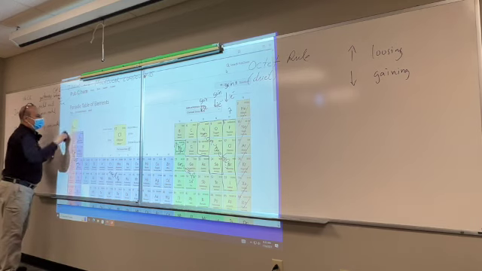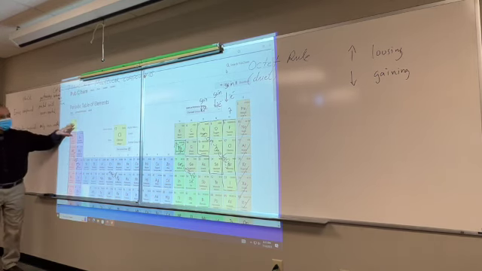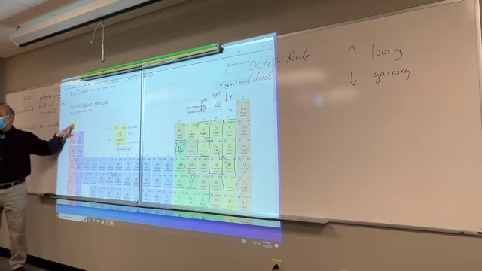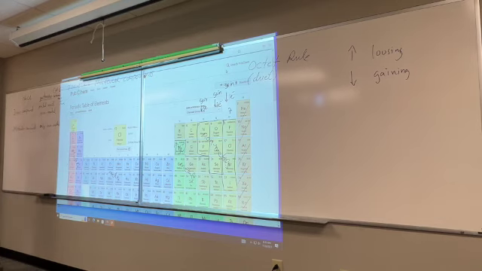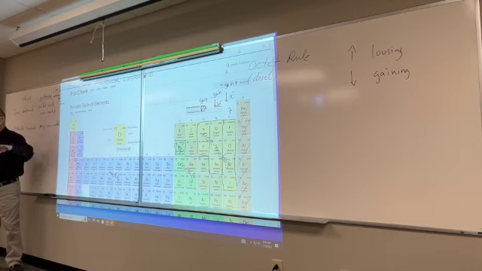This guy right here, hydrogen, is really an ambiguous type of element. This element sometimes behaves like a metal, sometimes behaves like a non-metal. So compounds that contain hydrogen can be either ionic or molecular. Not both at the same time, but they can be one or the other.